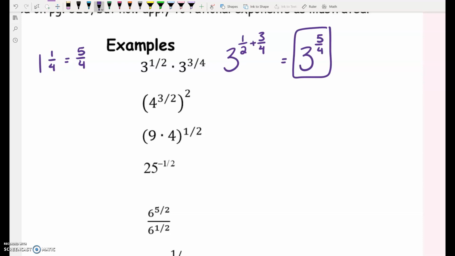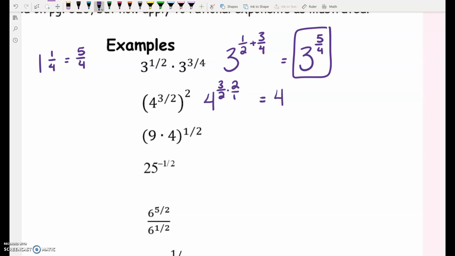The next one, 4 to the 3/2 squared. We would multiply these, so we'd have 3/2 times 2. The number 2 is a fraction, it's just over 1. For multiplication, you can multiply straight across the top, straight across the bottom, or if you want to do 3ABC2 times 2, your calculator will tell you what the ultimate answer is.